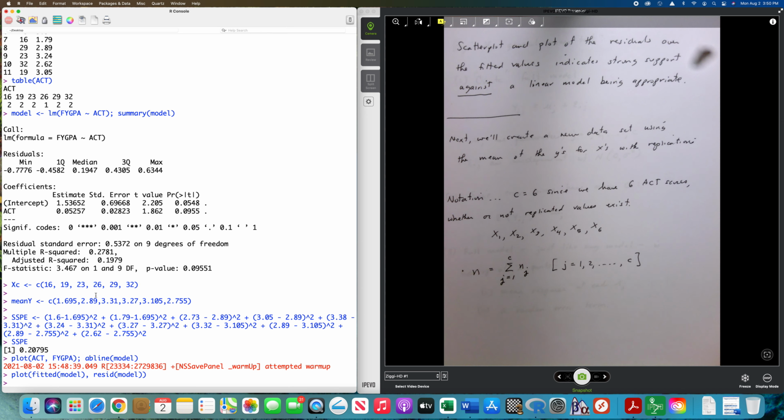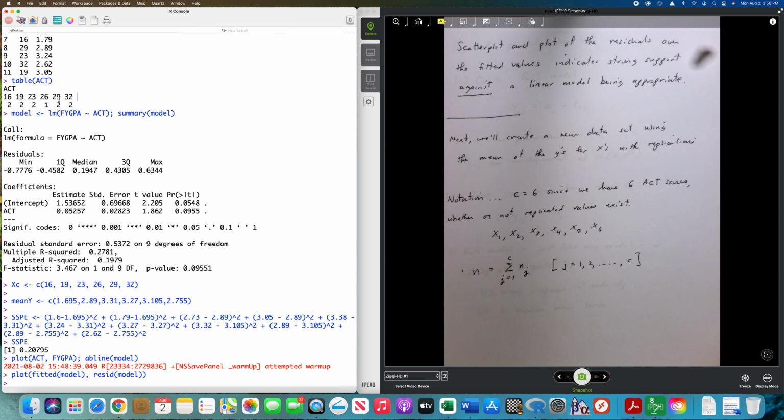Notice here again that C is 6 because we have 6 ACT scores. A little bit more notation: N is just the sum of the n sub j's. The n sub j for x1 would obviously be 2. The n sub j for x2 would obviously be 2, from what we saw above in our table.